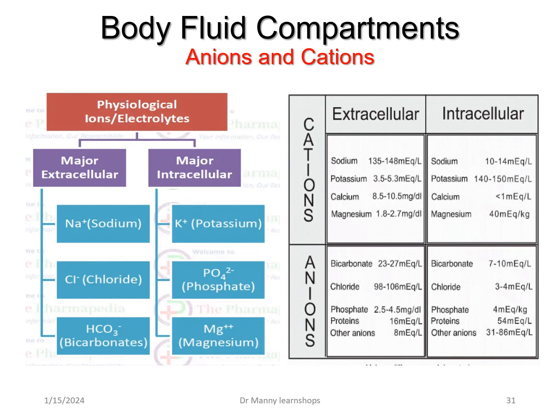If we look at potassium, extracellular potassium is small, 3.5 to 5 milliequivalents per litre. Intracellular, it's incredibly high, 140 to 150 milliequivalents per litre. So these anions and cations vary depending on which compartment they are located in.